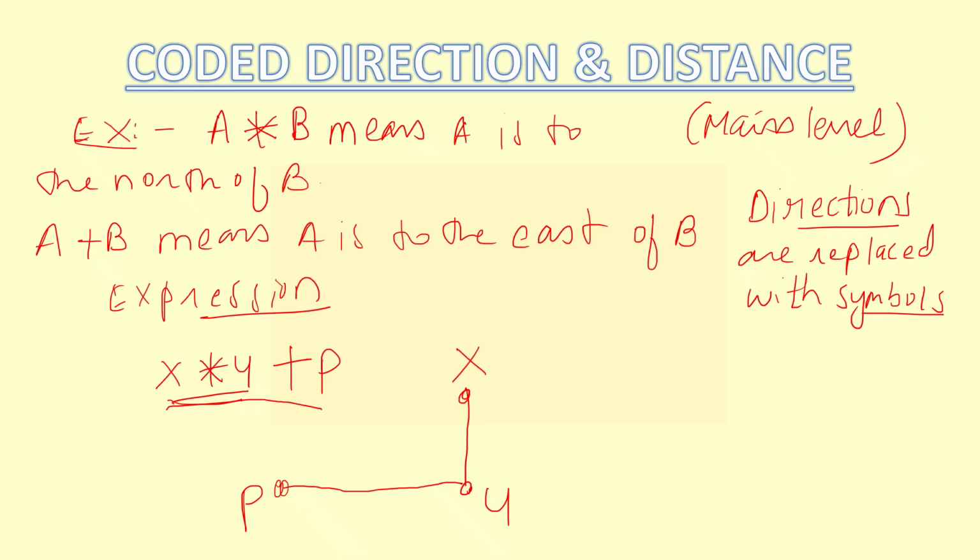Then they will say, here A star B means A is to the north of B by 3 meter. Then A plus B means A is to the east of B by 4 meter.